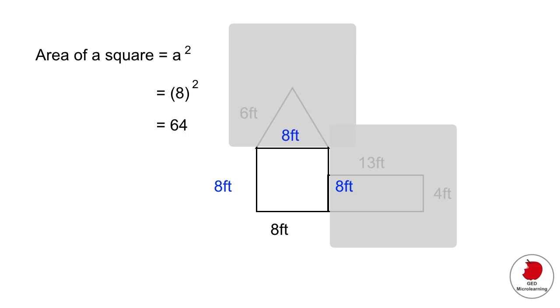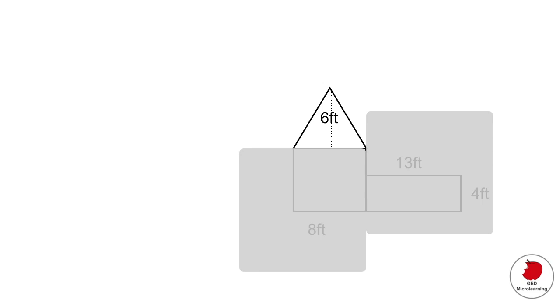We already found out the area of the square. Now we're going to look at the area of the triangle. And we have the height there, which is 6 feet. But if we look at the formula for the area of a triangle, it says base times height, divided by 2.